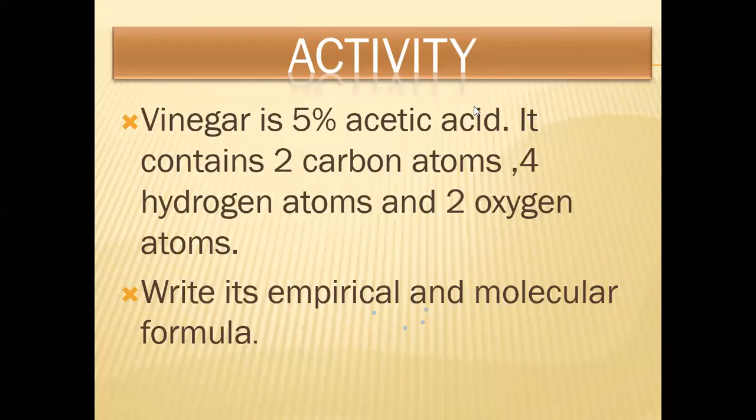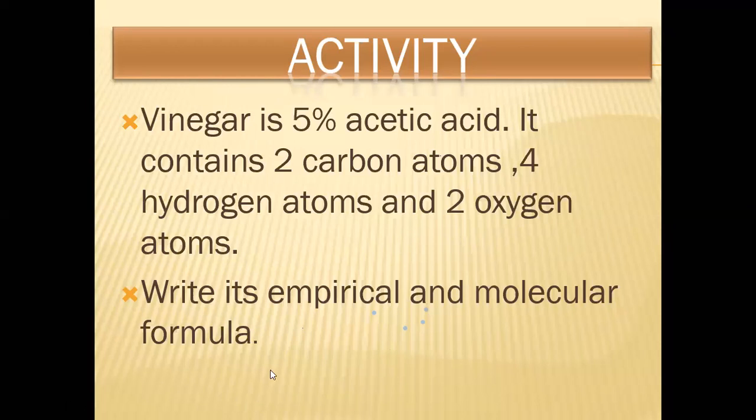Its empirical formula. Yes, students, I'm going to mute you all once again. Yes, Ajwa Mehak, you have raised your hand. Do you have any question? No, miss, I was going to answer it. Okay. Do you know what would be the empirical formula of this vinegar?